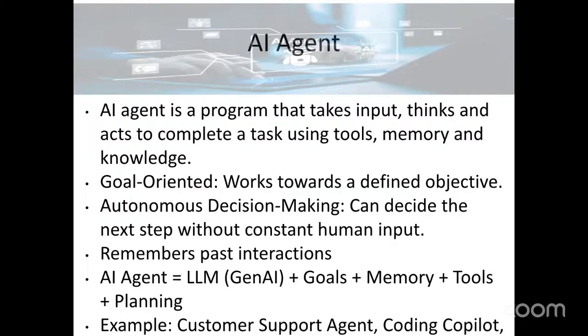It is like your personal PA, personal assistant. An AI agent does what you want it to do. Suppose you are doing math calculations and you want an LLM to work as a calculator agent.